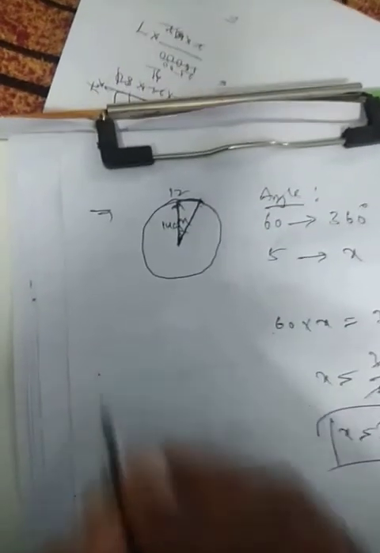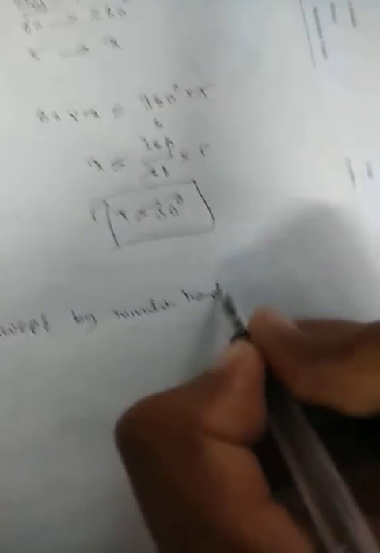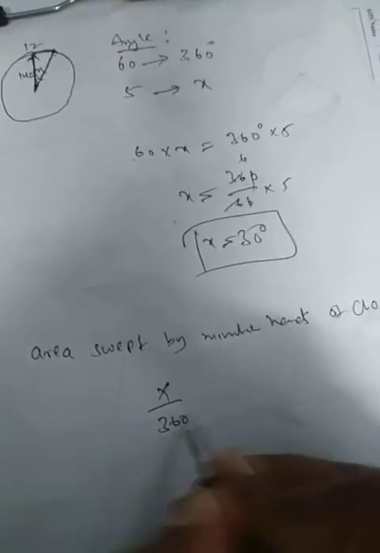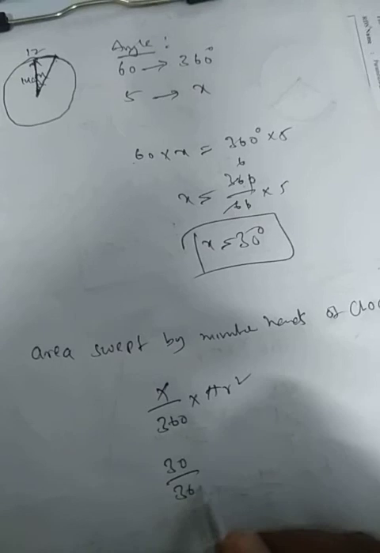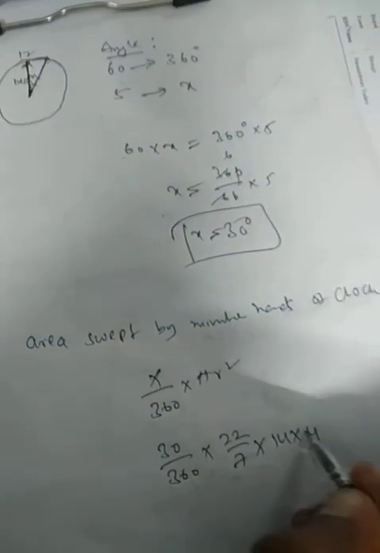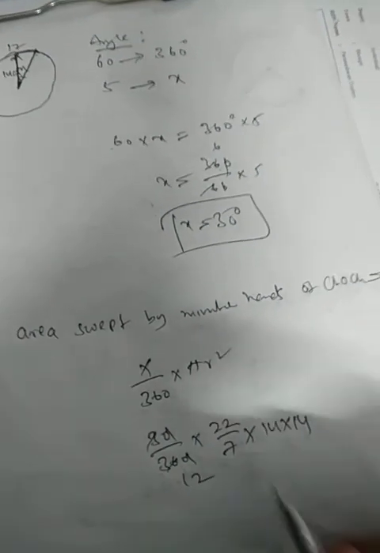Now the area swept by the minute hand of the clock is x by 360 into pi r square. x is 30 by 360 into 22 by 7, radius is 14 into 14. So 3 1s are 3, 3 0s are 30, 12s are 360.